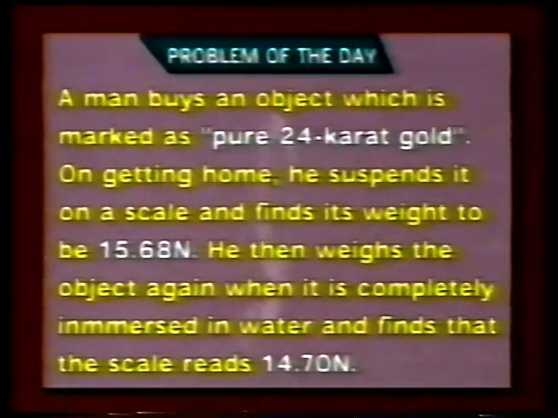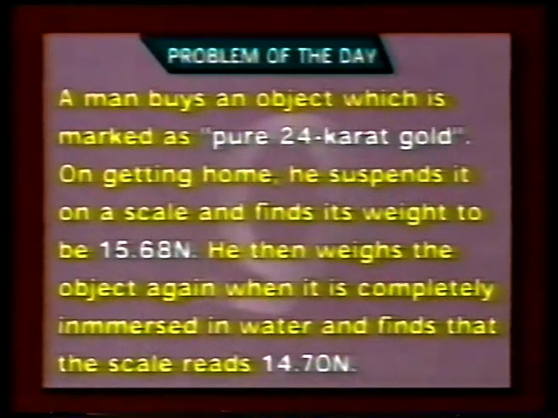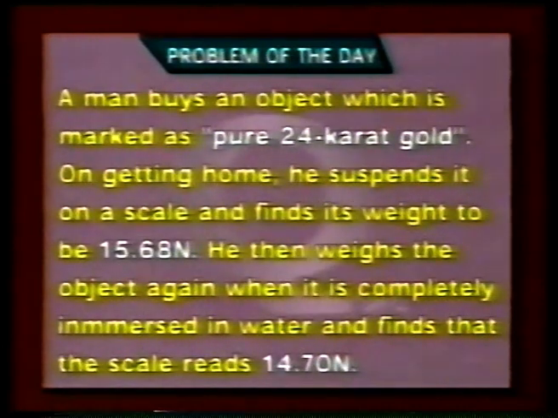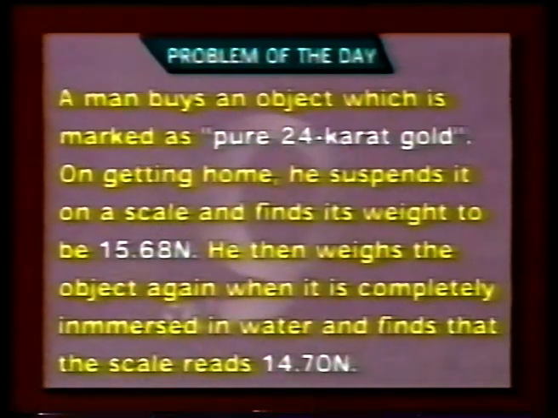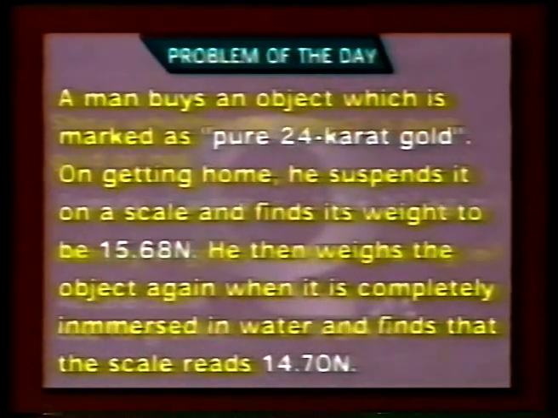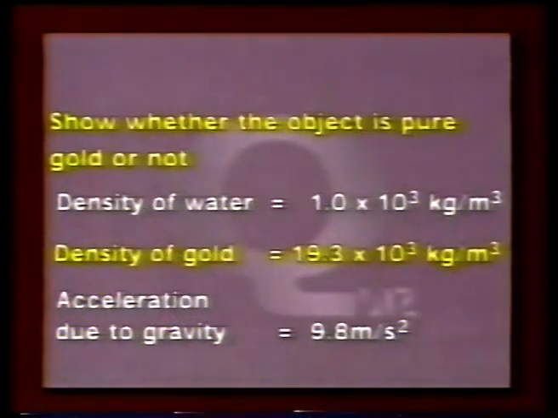A man buys an object which is marked as pure 24-karat gold. On getting home, he suspends it on a scale and finds its weight to be 15.68 newtons. He then weighs the object again when it is completely immersed in water and finds that the scale reads 14.70 newtons.